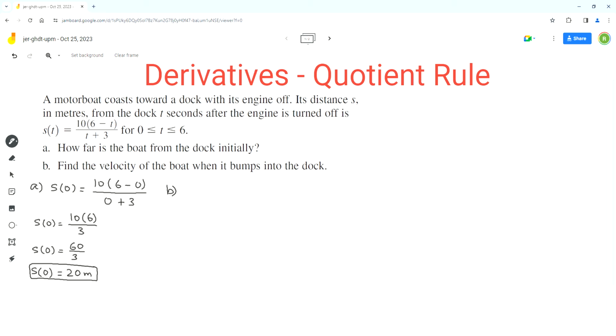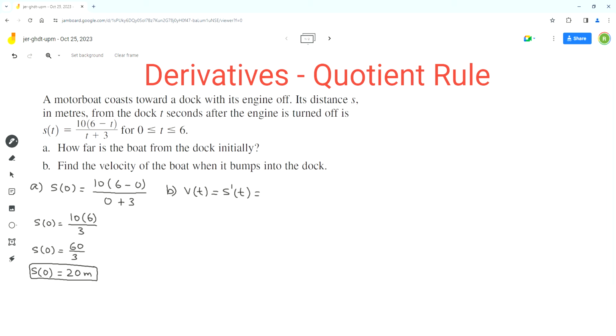So the first step is to find the derivative of this given function s(t). Now this function is a rational function, so we'll use the quotient rule to find the derivative. So our first step will be v(t) is equal to s'(t).